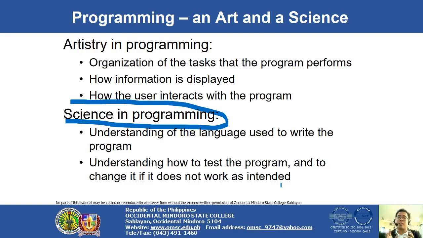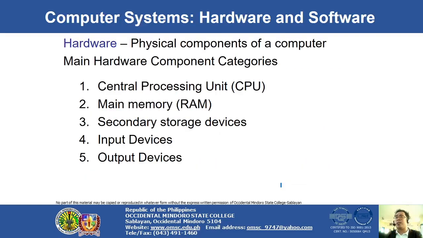So meaning there's a science, because we're going to study how the language is used to write the program, and also how to test a program if there is a certain error or bug.